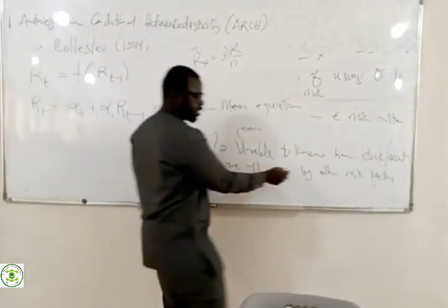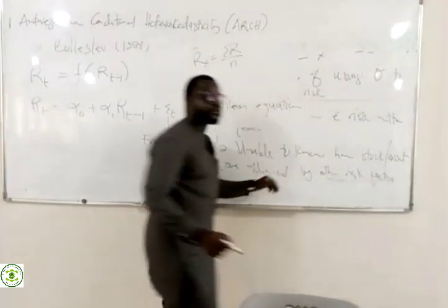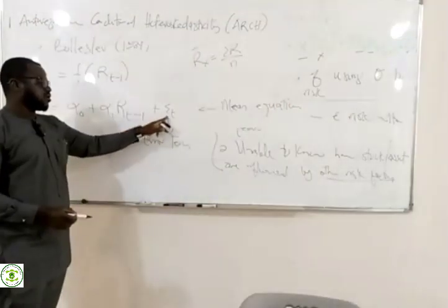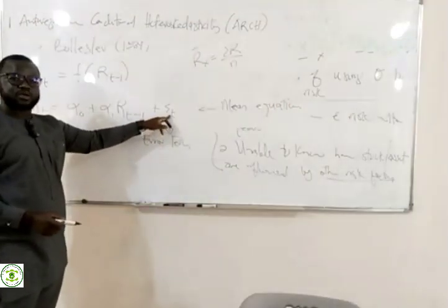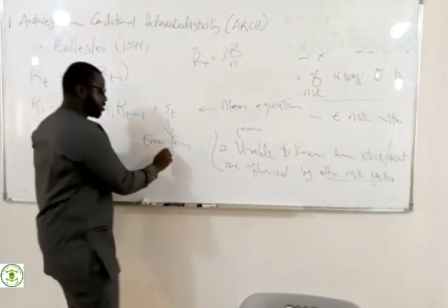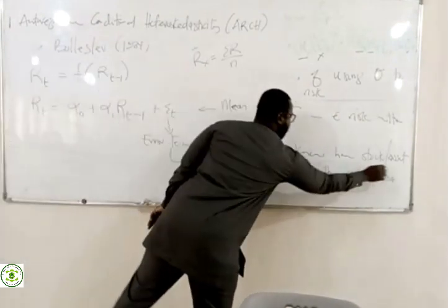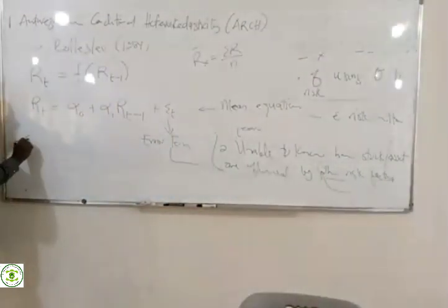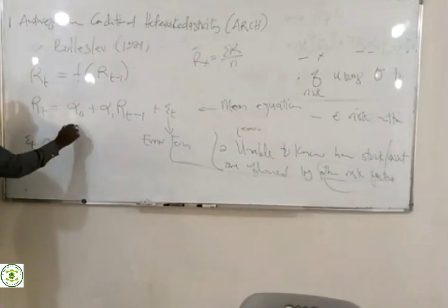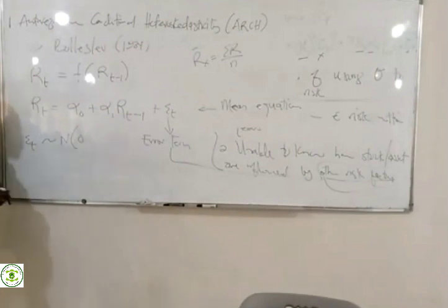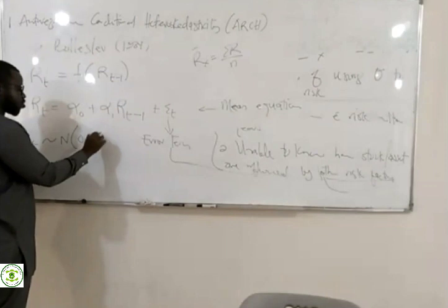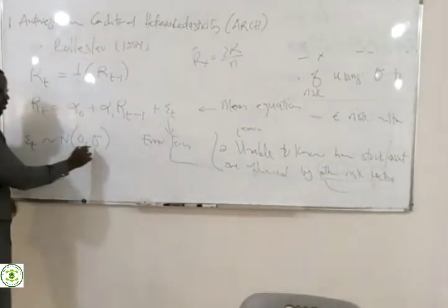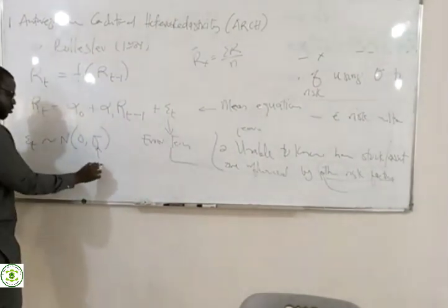This epsilon represents other risk factors, and it is normally distributed with zero mean and constant variance.